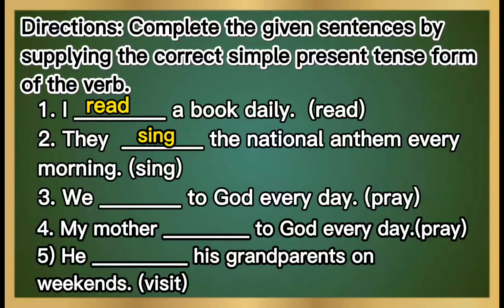Number 3, we blank to God every day. We know that we is already in plural form. That is why the answer is pray. We pray to God every day.